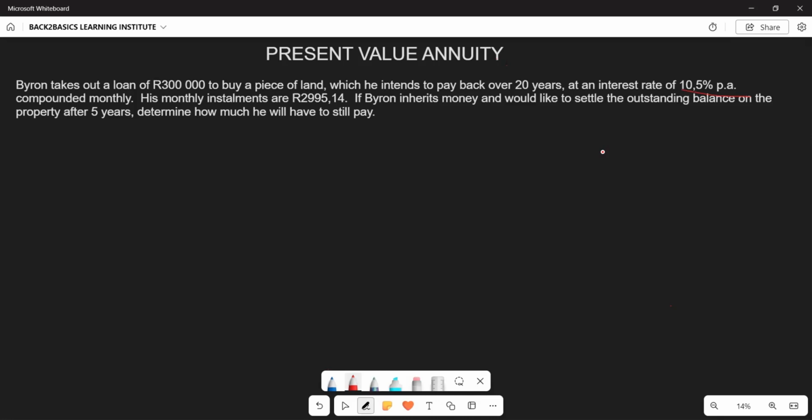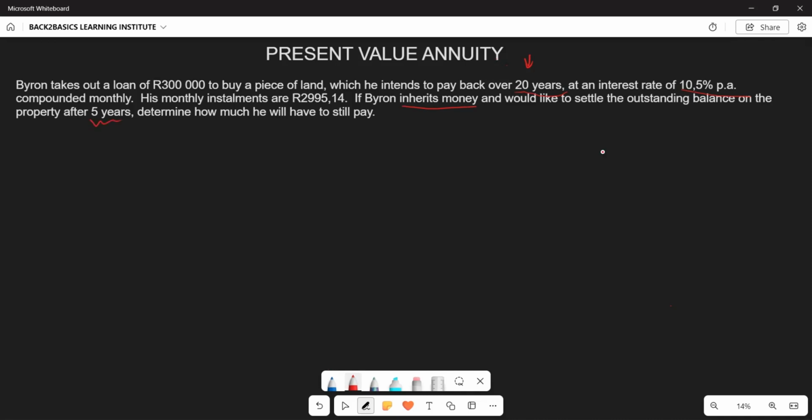Now, what is it that we're going to do? Let's start. They are saying he inherited the money after 5 years. What is important is to remember the payment period. Ordinarily it was going to be 20 years altogether, but now it is different, because this person inherited the money to settle the loan after 5 years.